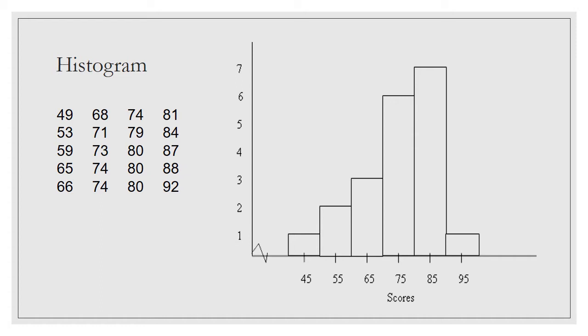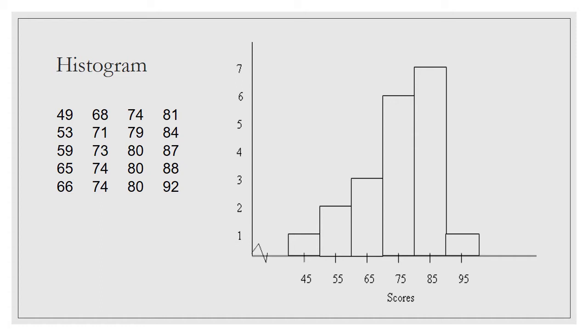We bin this by groups of 10. For each of those categories, each of those rectangles going up from the x-axis along the y, we can see that in the score labeled 85, there were 7 values in that 10-unit interval. And we can go over and look at that data.